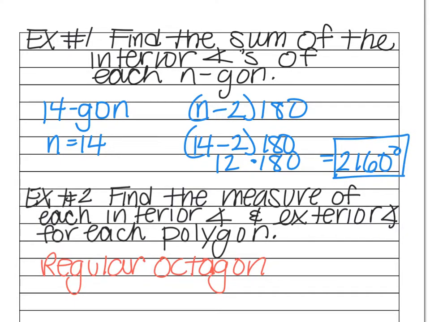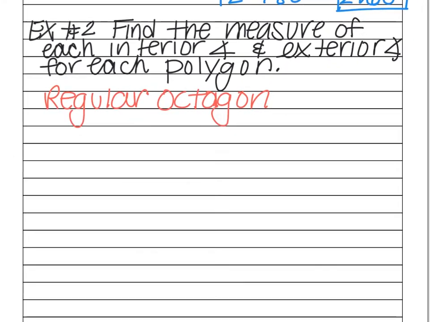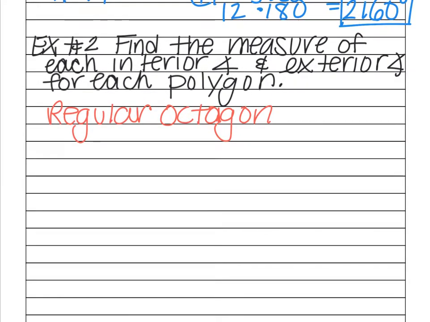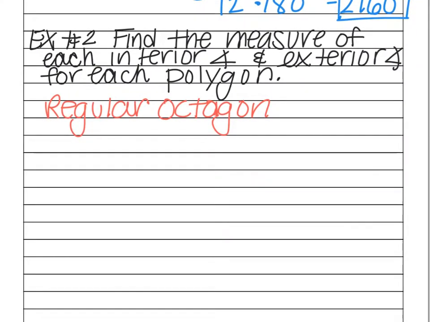Now, what if I wanted to find the measurement of each interior angle and exterior angle for each polygon? For example, what if I said I have a regular octagon? A regular octagon means that I have 8 sides. I have an 8-sided figure. That's what an octagon is. So 8 sides, that means that n is 8. And I have to do my formula, so I'm going to do n minus 2 times 180.